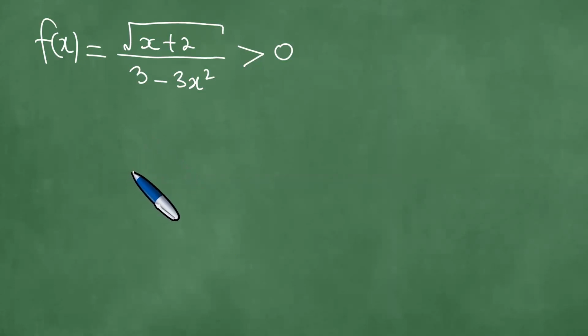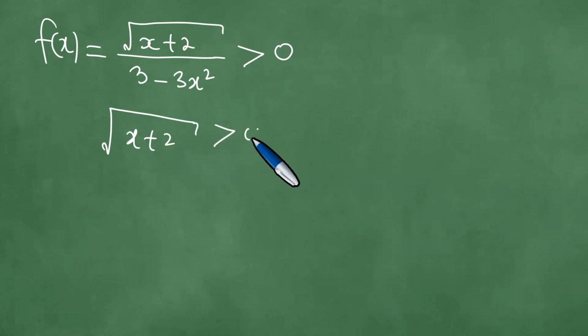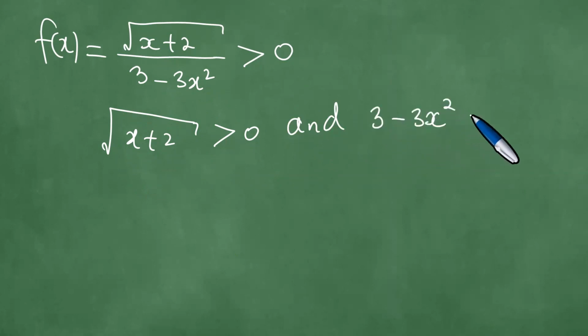Okay, so if this is greater than 0, two things here are extremely important because this one is of the rational type. So we have that the numerator x plus 2 is strictly greater than 0, and the denominator 3 minus 3x squared is also greater than 0.